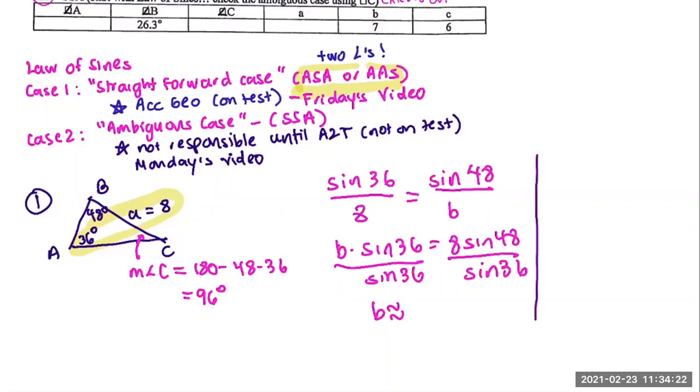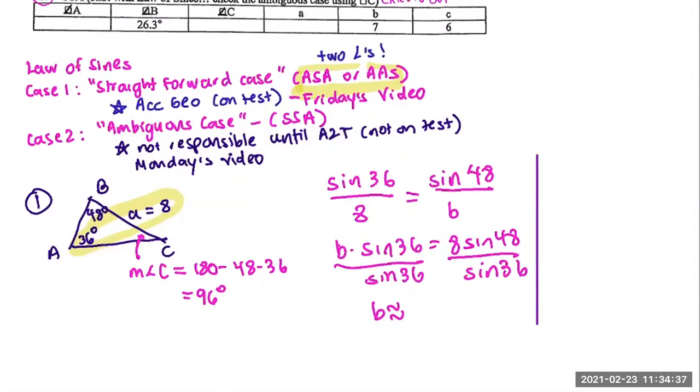Matthew, you okay so far? I just simply had sine of 36 over 8.